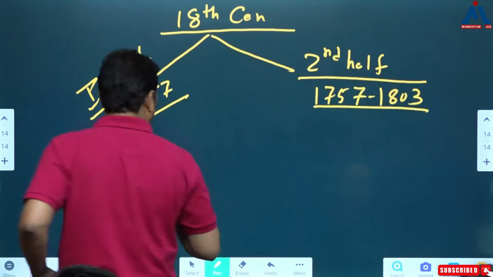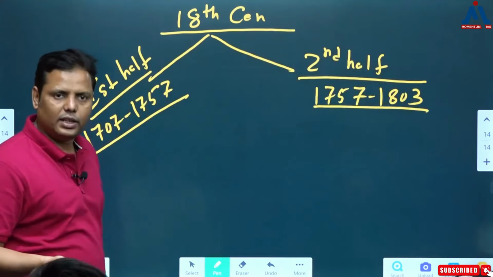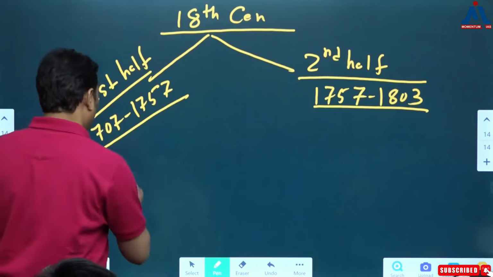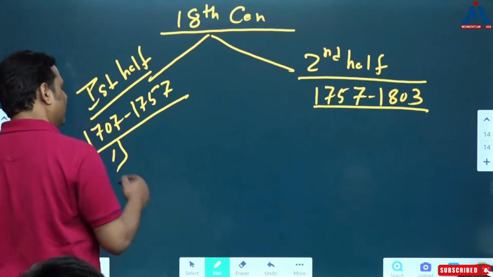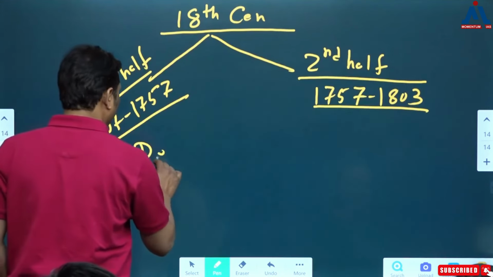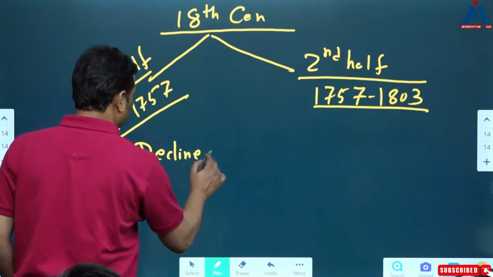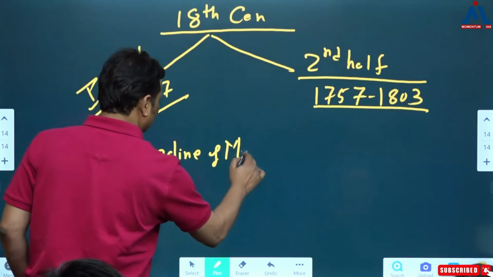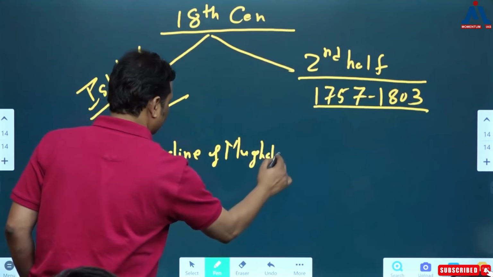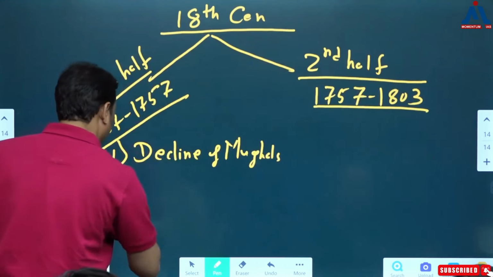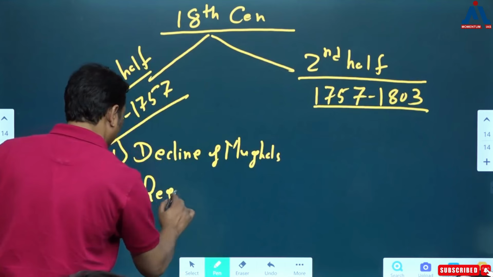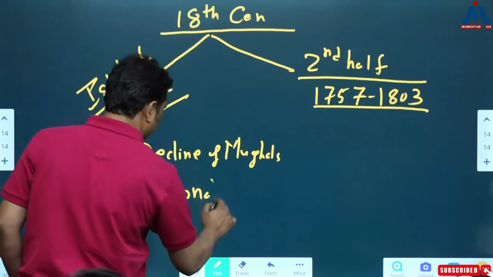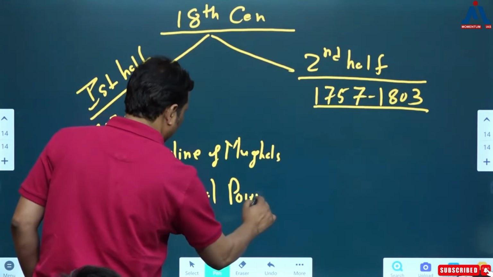And in both the time periods, there are certain important changes or transformations. What are two important changes that we notice in the first half? First is the decline of Mughals, and then we find many regional powers.